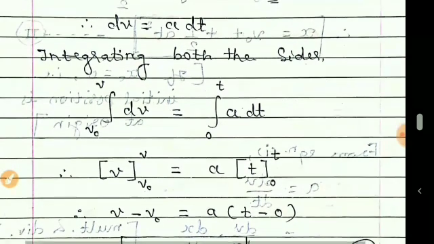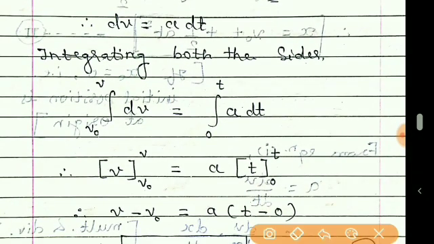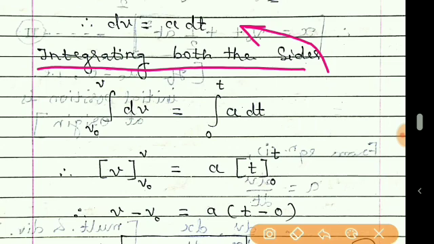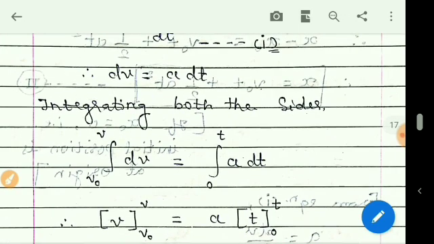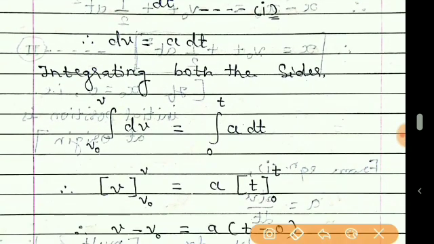Now, to find the entire change or total change in the velocity with respect to the given total time, we integrate both sides of this equation. So students, see, the sign of integration is put in the above equation. Now when we integrate, we have to put the limits. Initial velocity v0, final velocity v.